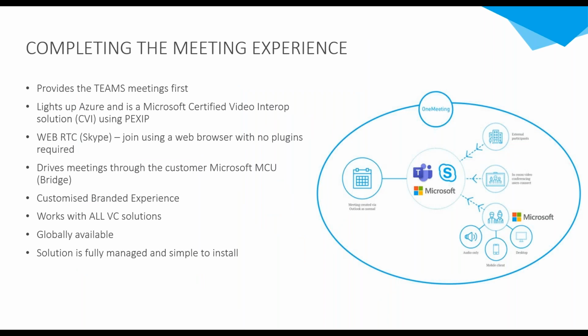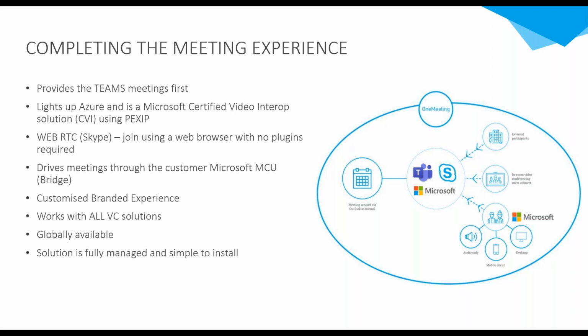And finally, just to touch on one final slide on the value, it really is putting the Teams meetings first here. The goal of OneMeeting is to make Teams the default selection for people to be their video conferencing meeting platform. So we are lighting up Azure and the Microsoft certified interop solution using PEXIP.